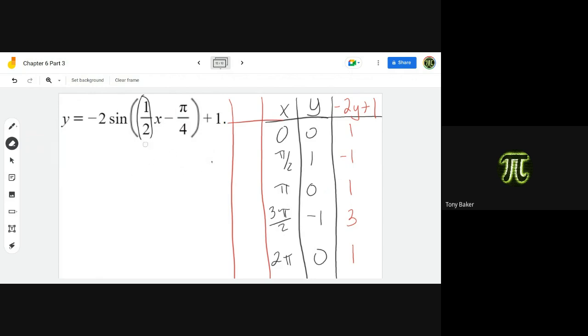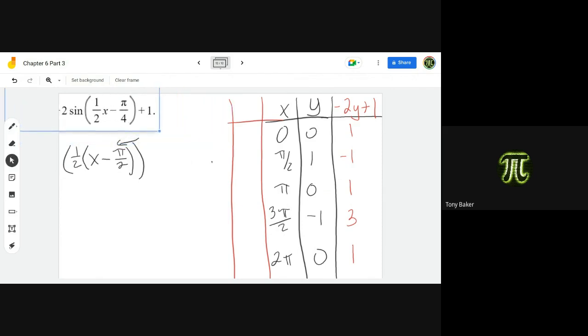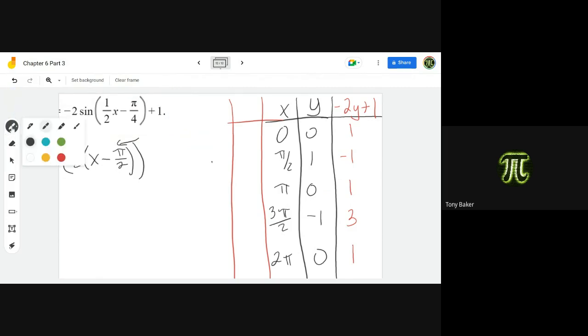All right, so first step for my x, I have to do what for the pi over 2? I'm adding pi over 2.